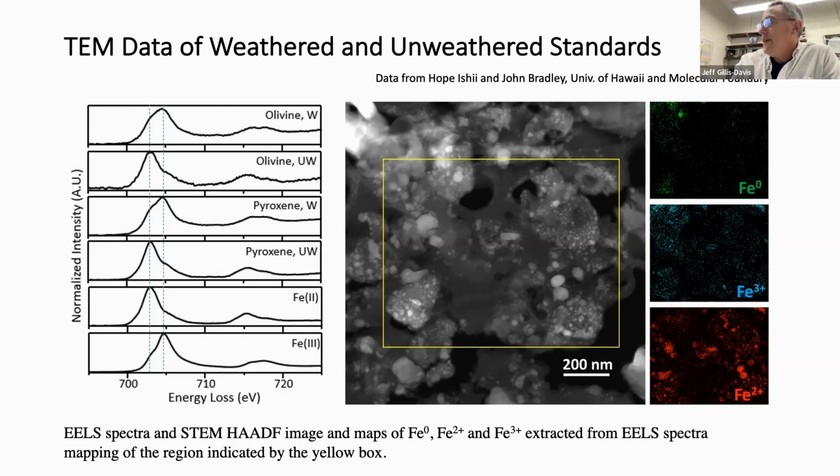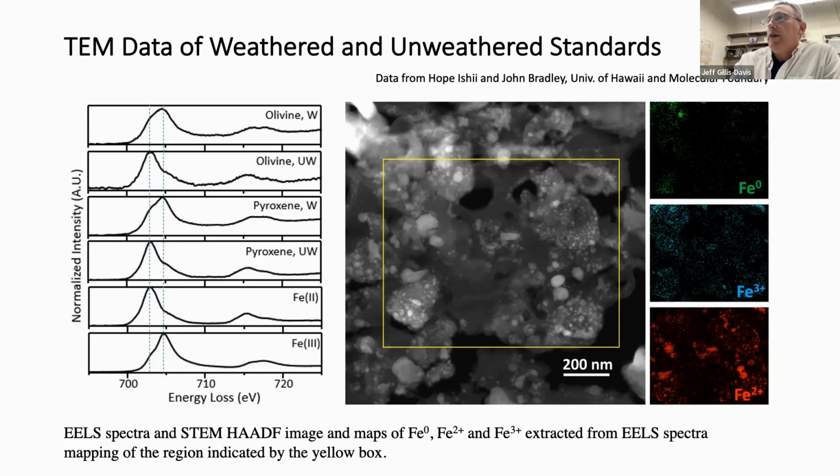And then below is the iron 2+. And we see that there is a mix of materials in there. The Fe2+ is probably in the glasses, as well as some of the Fe3+ that is there, and iron metal associated with some of the nano iron blebs.